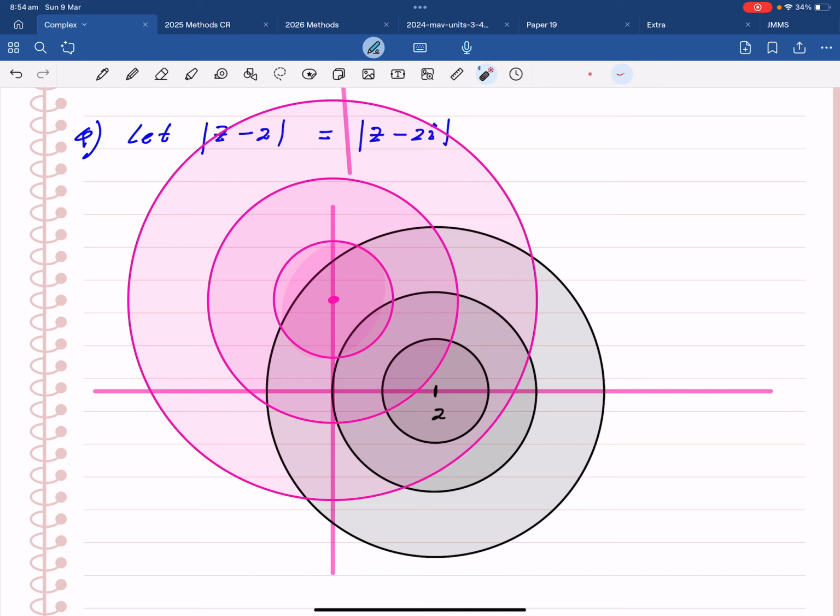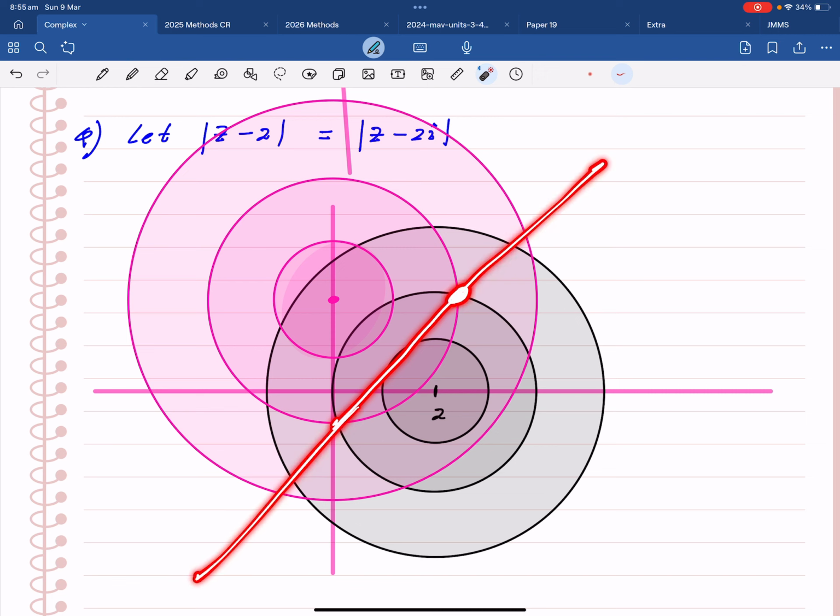But when you equate, that means z should obey this condition. So now, where is the circle? Suppose the circle is like this.